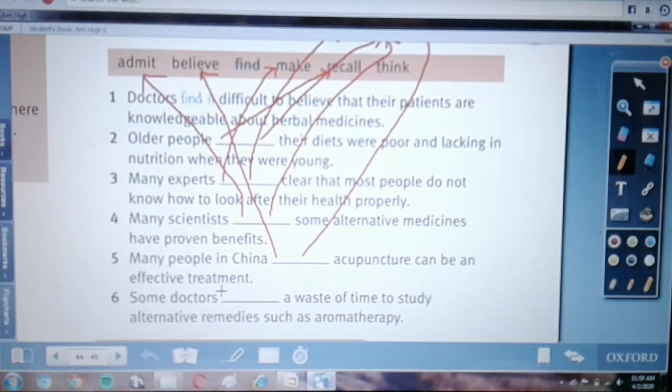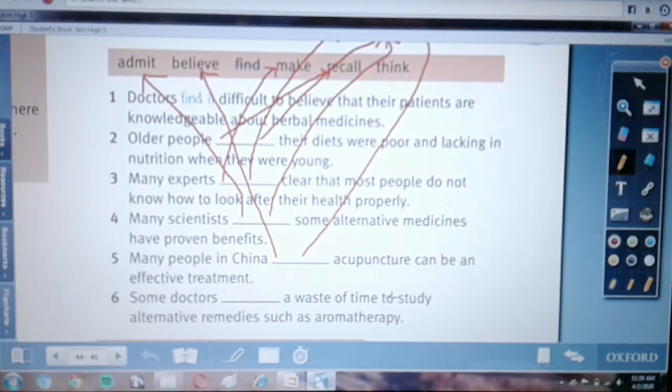Shall we use: some doctors think that a waste of time to study alternative remedies such as aromatherapy, or shall we use: some doctors believe it a waste of time to study alternative remedies such as aromatherapy?